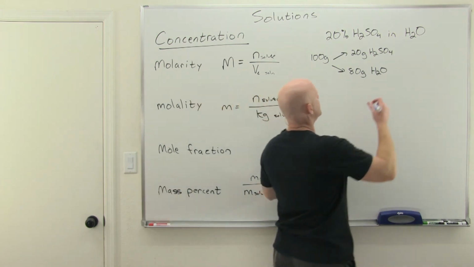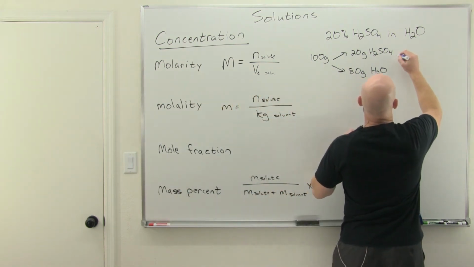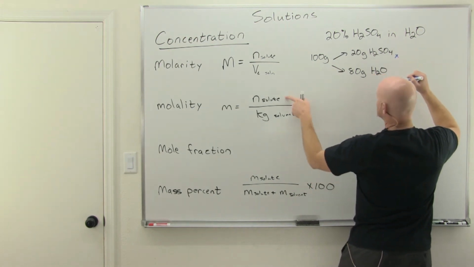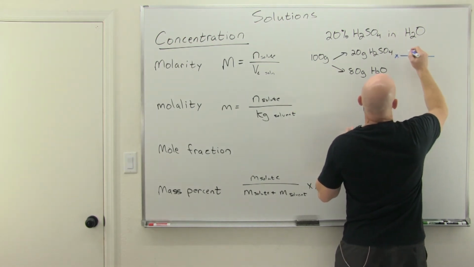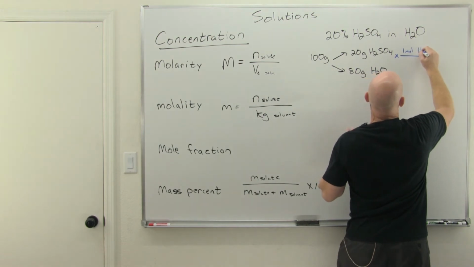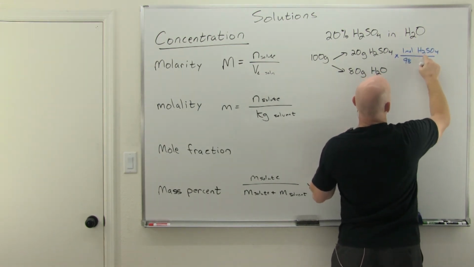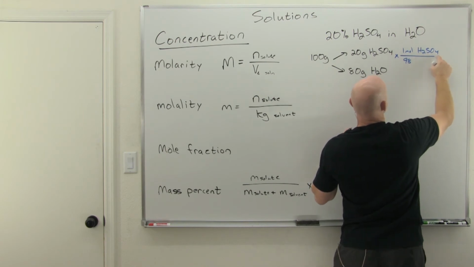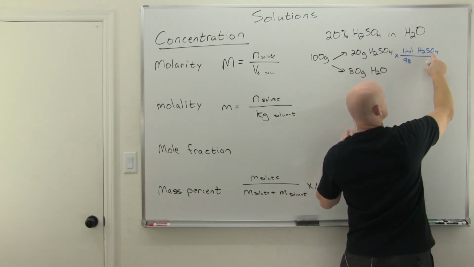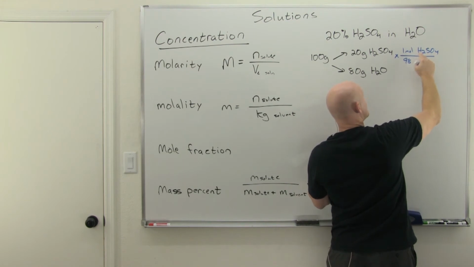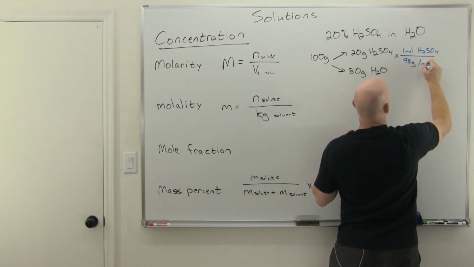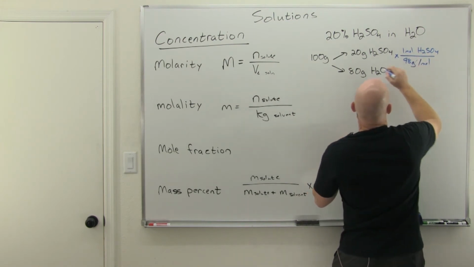So with that 20 grams of H2SO4, I want to convert that into moles. I'll need the molar mass, and 1 mole of H2SO4 turns out, if you add up, there are 2 H's, that's 2, sulfur is 32, 4 oxygens are 16 each. 4 times 16 is 64, plus 32 is 96, plus 2 is 98 grams per mole. And so our grams will cancel.